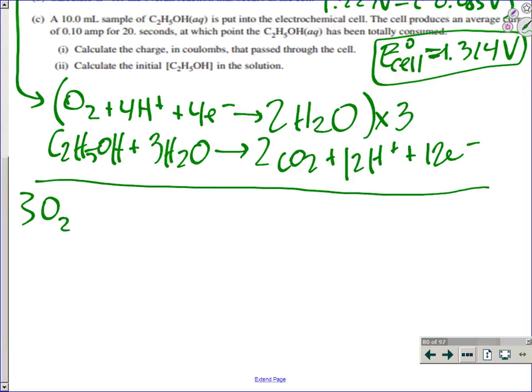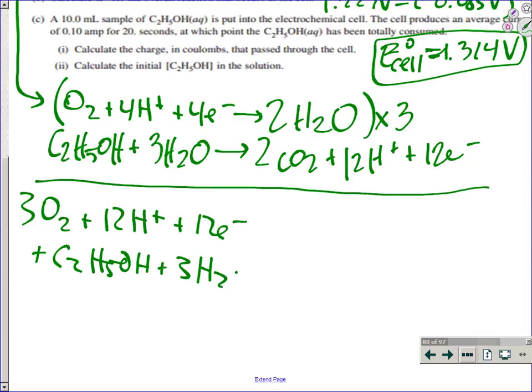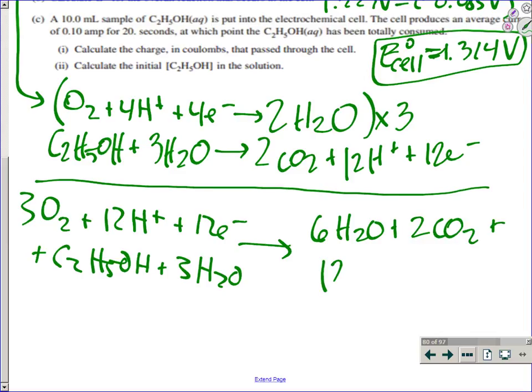So 3 O2s plus 12 H pluses plus 12 electrons. That's the top, plus C2H5OH plus 3 waters. Those are all the reactants. That's going to yield, keep distributing, 6 H2Os plus 2 carbon dioxides plus 12 H pluses plus 12 electrons.